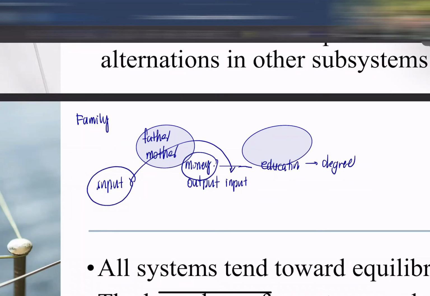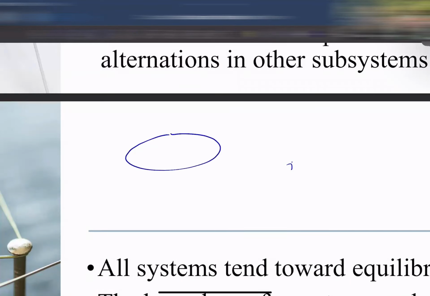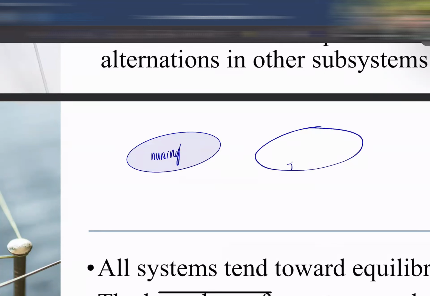Okay? Now, tingnan naman natin on the clinical nursing information systems. Plus, in the clinical nursing information systems, okay, you have your subsystems. So, for example, class, you have the nursing subsystem. And then, class, you have, for example, your central supply. No? You have your central supply as another system. Class, ano po yung input? Okay?